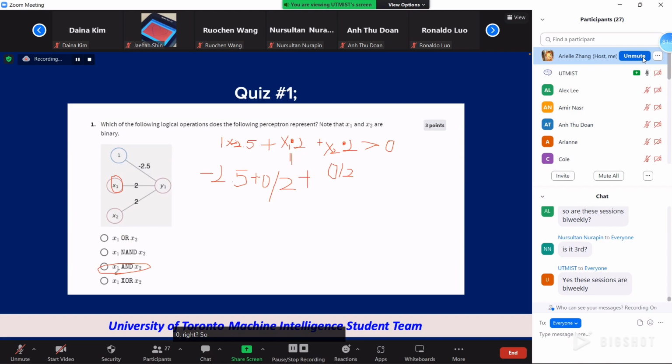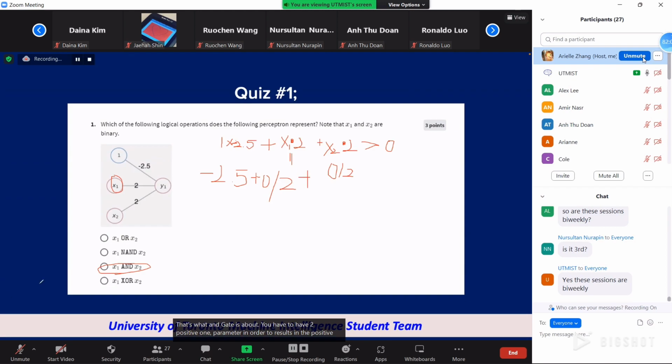So in what case, when we're multiplying two parameters, will the result be a 1? Only 1 times 1 will be a 1. If either of the parameters is 0, we will have a 0. That's what an AND gate is about. You have to have two positive 1 parameters in order to result in a positive output.